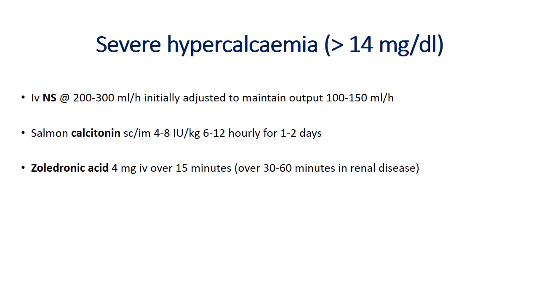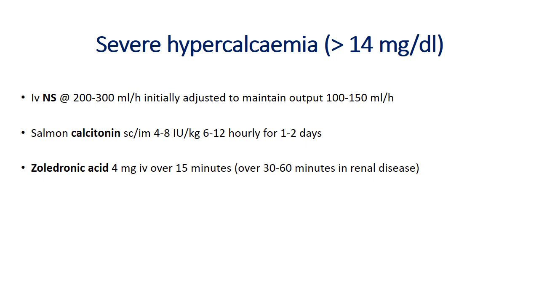At the same time, you begin a bisphosphonate, which is preferably zoledronic acid, given slowly over 15 minutes. You can give it even more slowly if your patient has underlying moderate renal disease. The concept here is that the fluid hydration begins to act immediately.